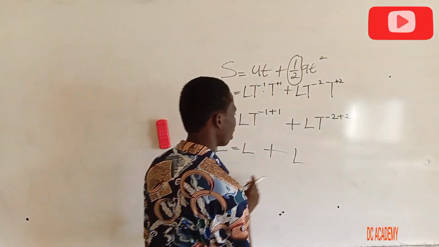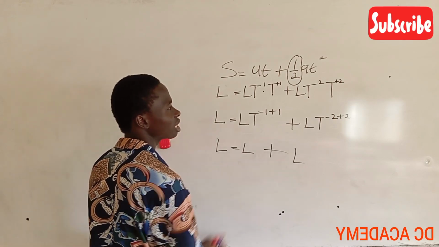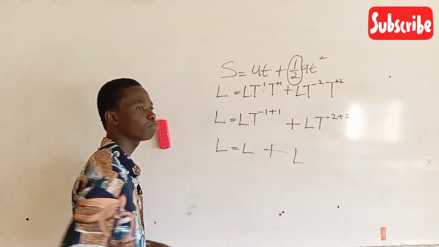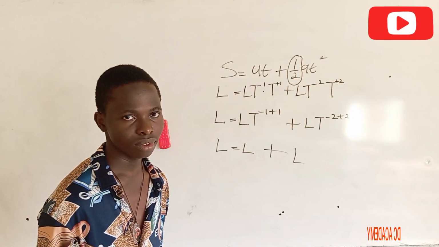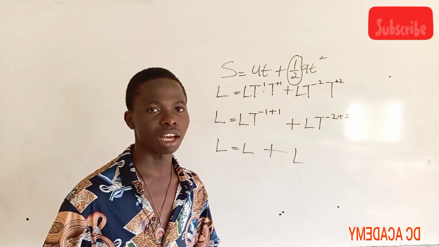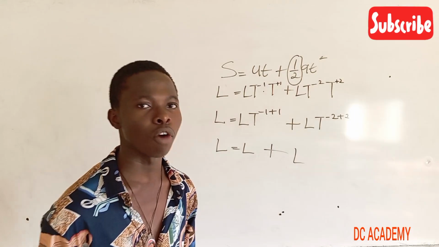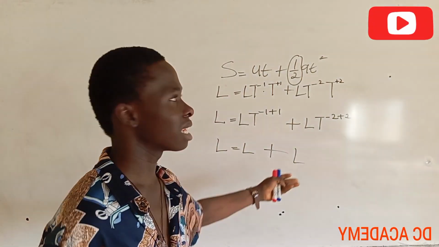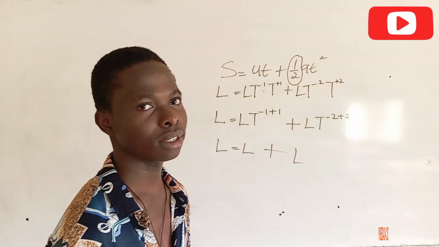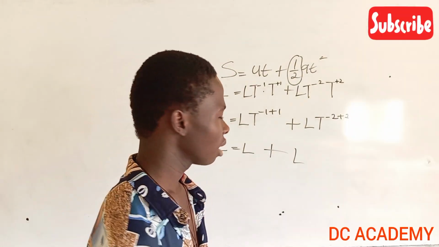So this will have L and L, length. So this proves to us that this is actually correct. That dimensional analysis can be used to verify the correctness of a physical relation. Do you understand?